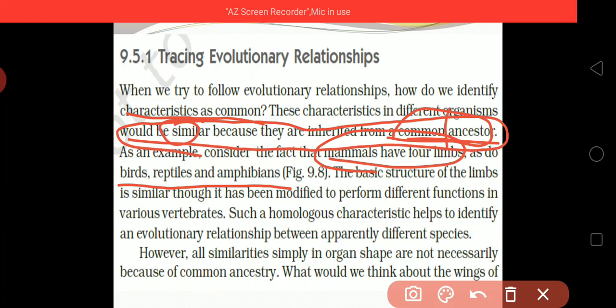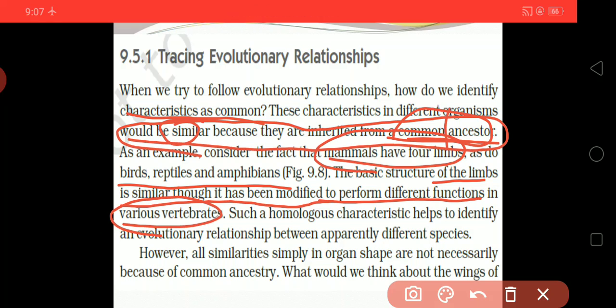The basic structure of this limb is similar, though it has been modified to perform different functions in the various vertebrates. So the limbs are similar, but different vertebrates use them for different purposes. Such homologous characteristics help to identify the evolutionary relationship between apparently different species.